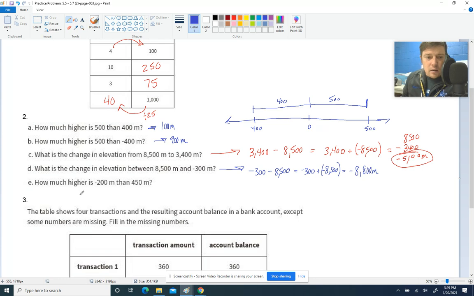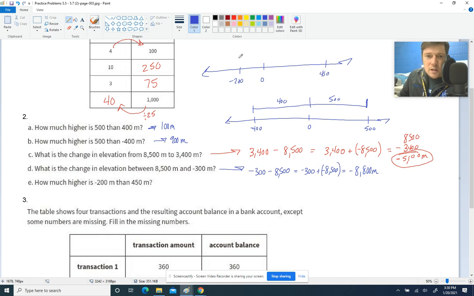How much higher is negative 200 than 450 meters? Well, it's not higher, so our answer is not going to be positive here. If you think about it on the number line, here's 0, here's negative 200, and here's 450.